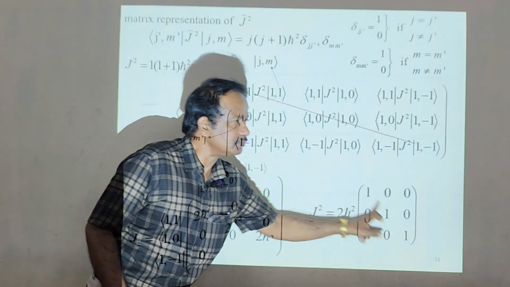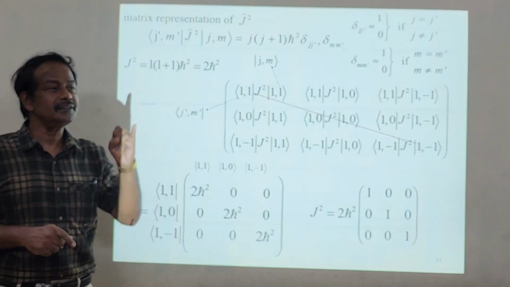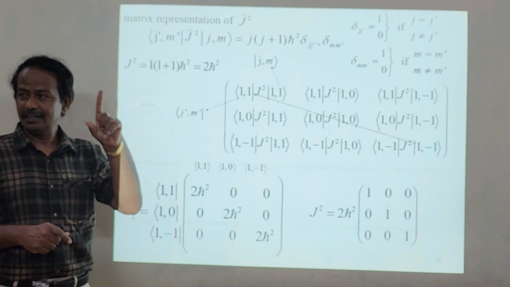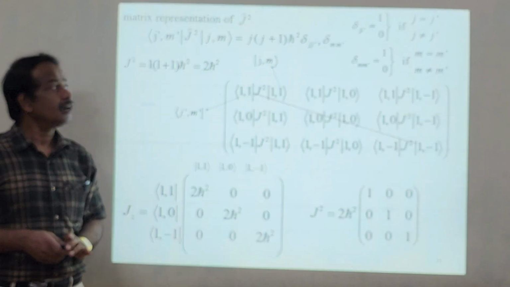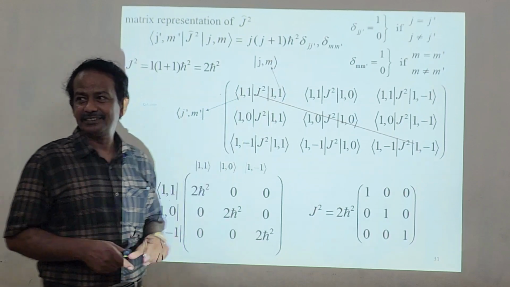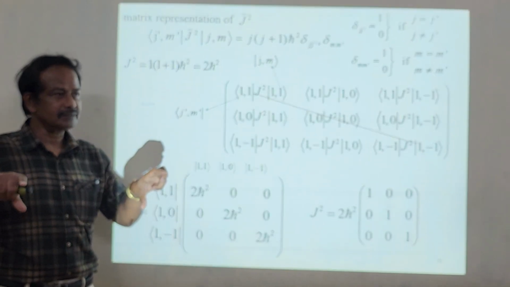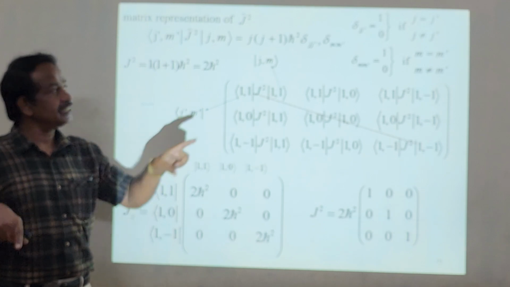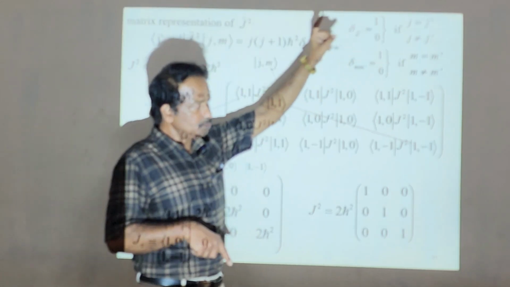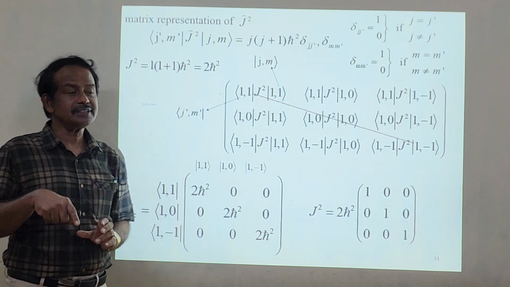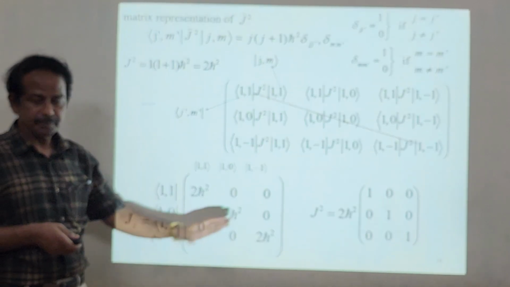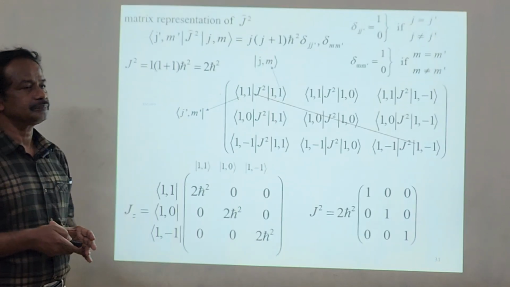Only diagonal elements will be there. So a very important thing: for J squared and J z, only diagonal elements exist, all because of this factor, j equals j dash and m equals m dash, both are equal. If you put the condition as j equals j dash, the answer will be 1, and m equals m dash, the answer will be 1. Is it okay? Very simple one.